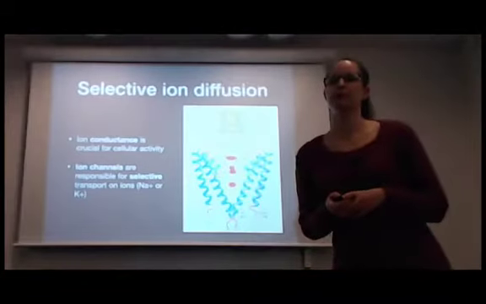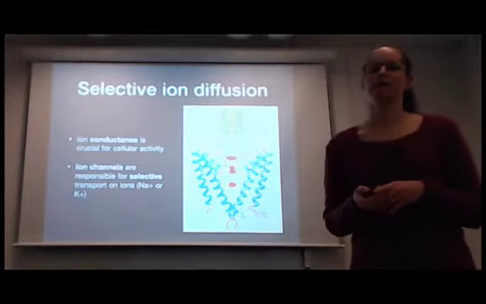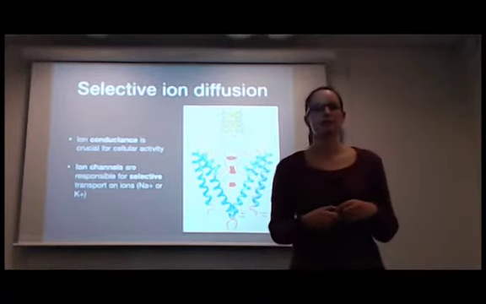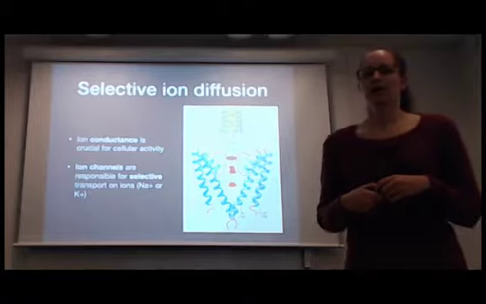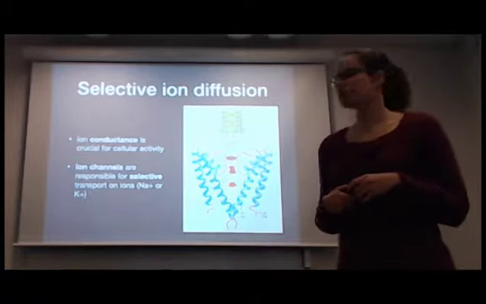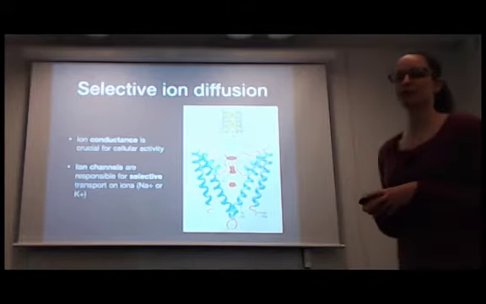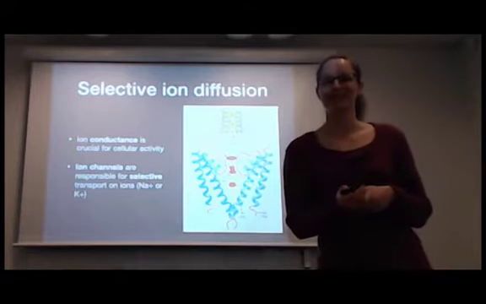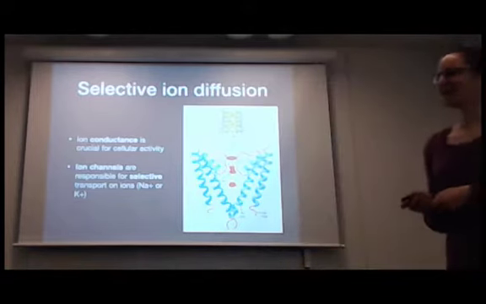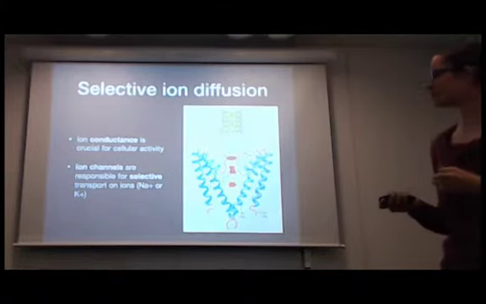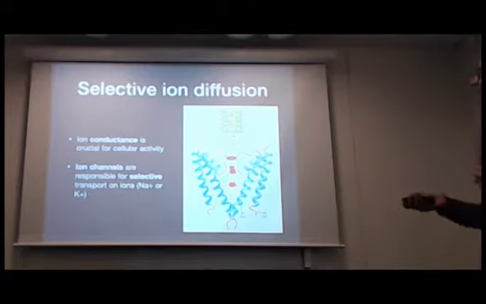Okay, so about passive transport, I'm going to talk quite a bit about ion diffusion. The reason for talking about it is because we are very interested in ion transport in general in our research groups, but also because it's a very important phenomenon for physiology. So this is a prototype bacterial channel called KcsA.